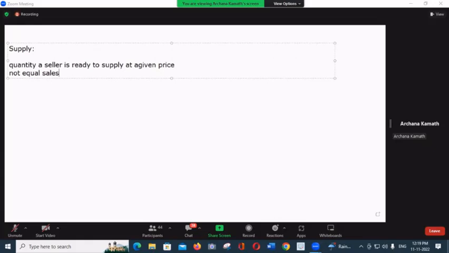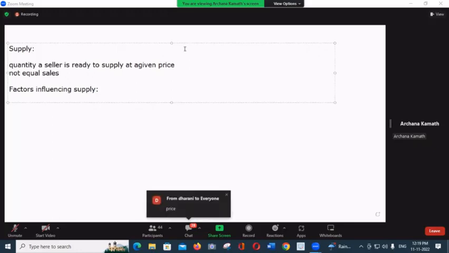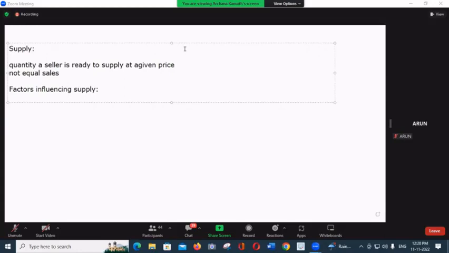Fine. Now, what are the factors that influence the supply? Consider yourself as a seller and tell me what are the important factors that can influence your supply. Price.